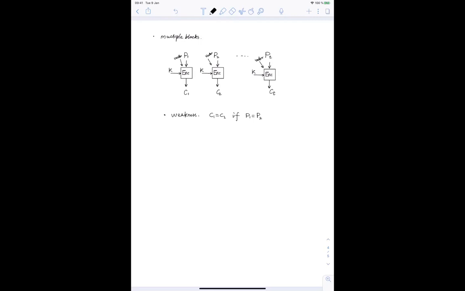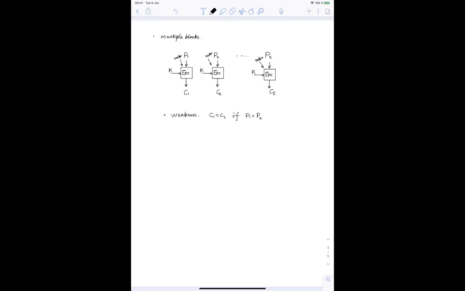Note that if this extra information is the same, then it does not change the situation at all, right?